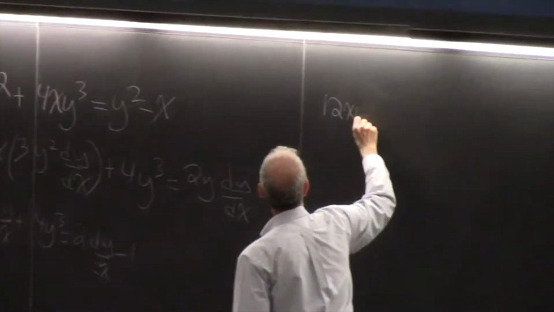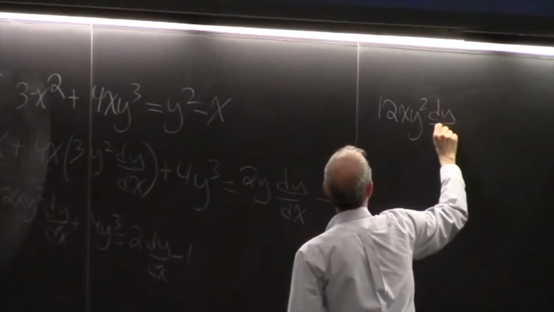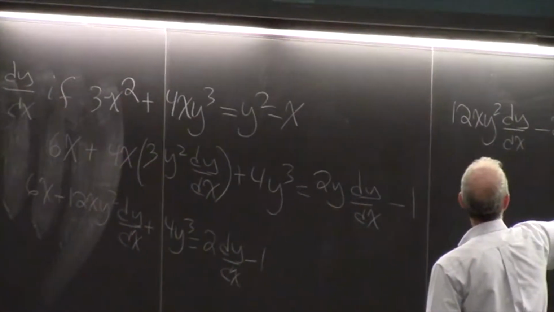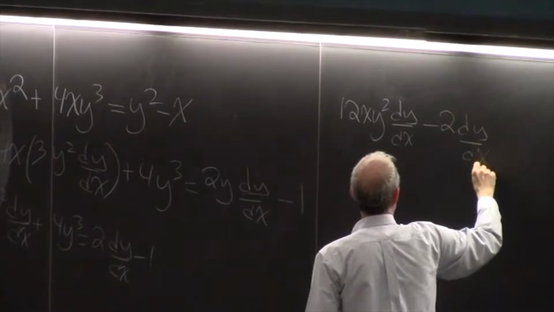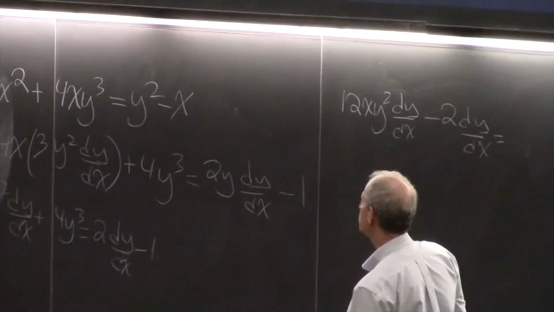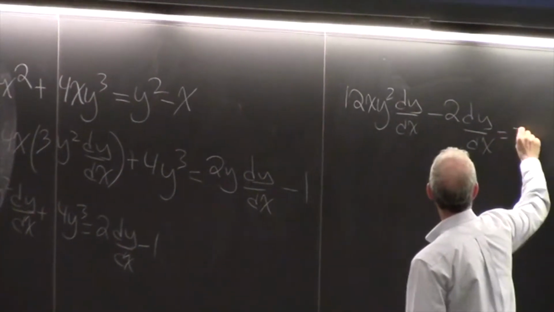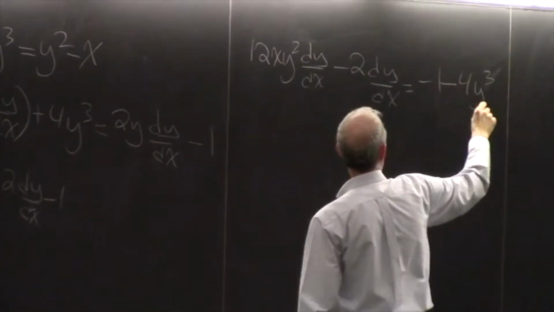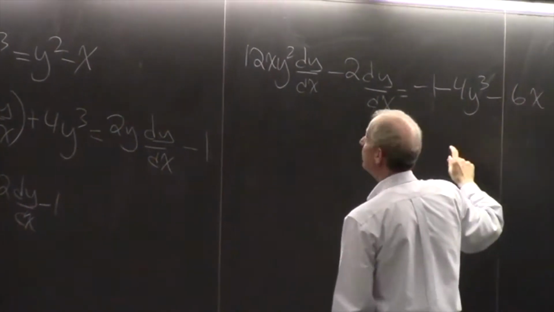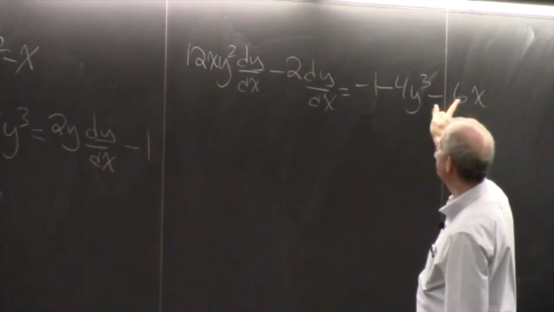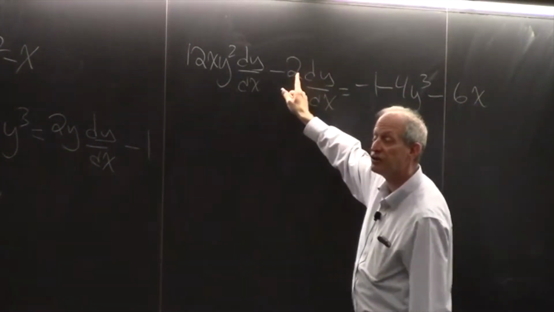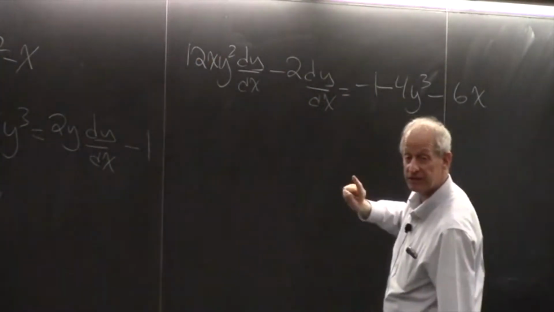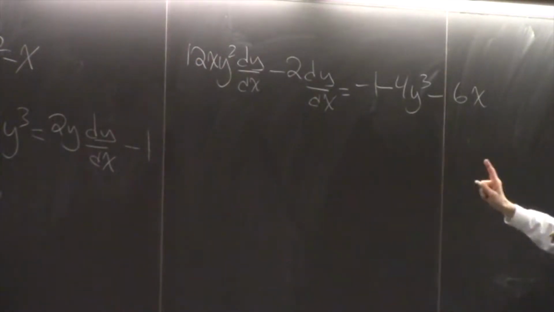You get 12xy squared dy dx minus 2y dy dx equals negative 1 minus 4y cubed minus 6x. Or you could have all of these be positive, and then you have 2y dy dx minus 12xy squared dy dx. Okay, you can do it either way.